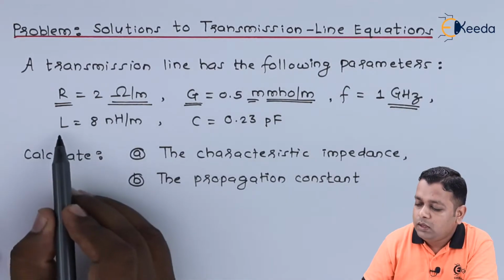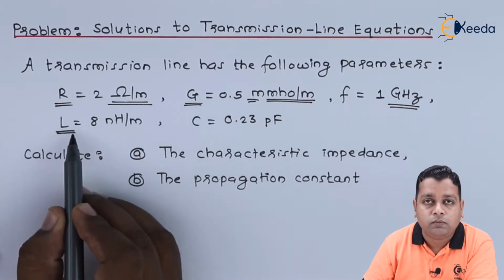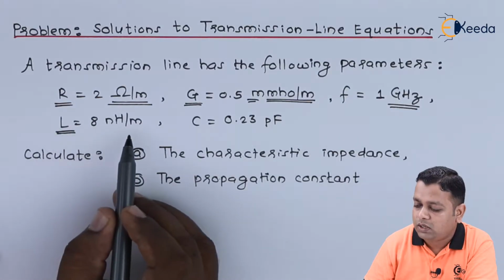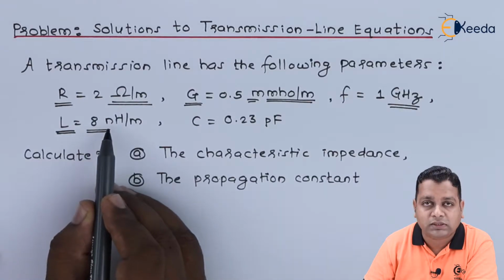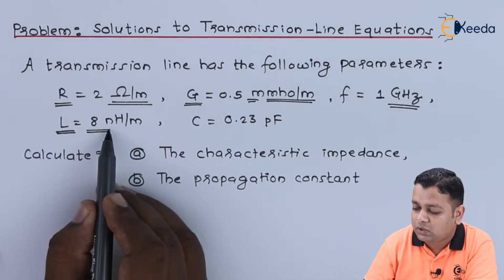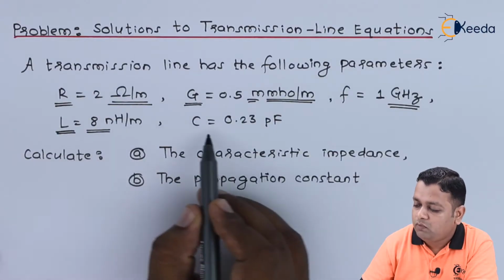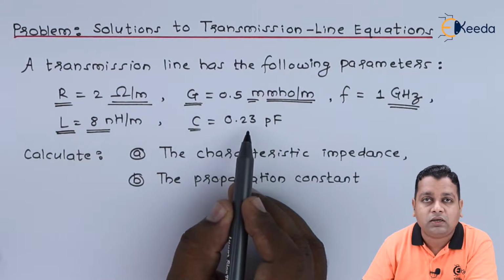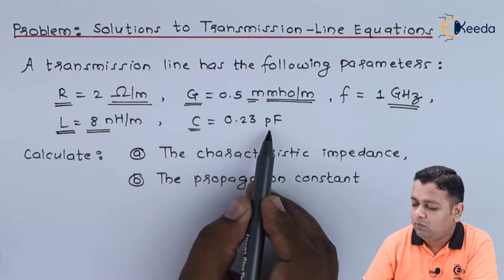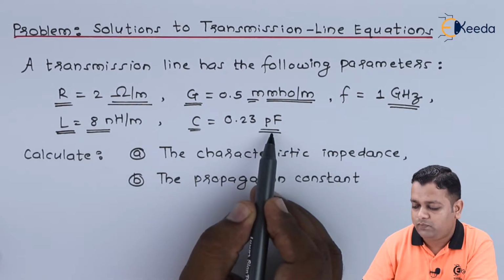Here the inductance is also per unit length. We can say that it is 8 into 10 raised to the power minus 9, for nano, henry per meter. Whereas the capacitance is provided as 0.23, and we take 10 raised to the power minus 12 for the pico farad.